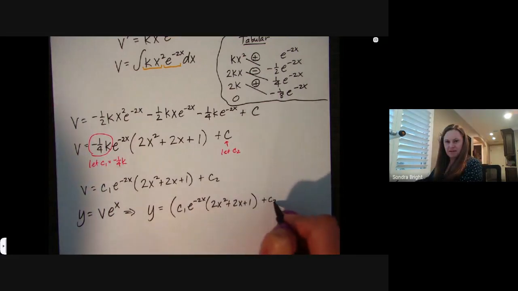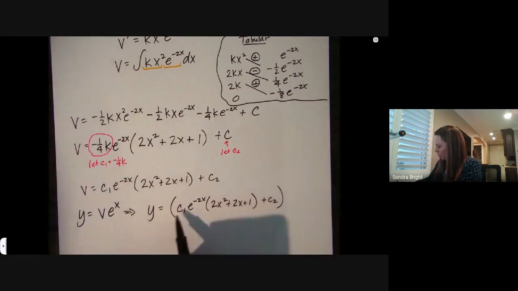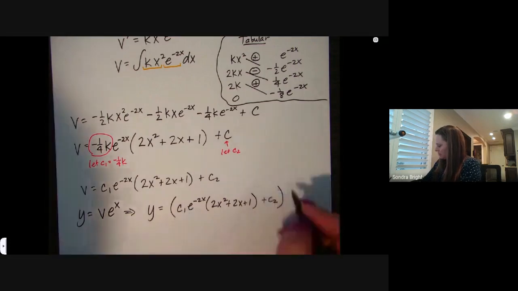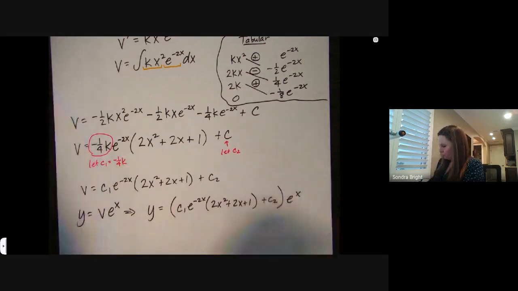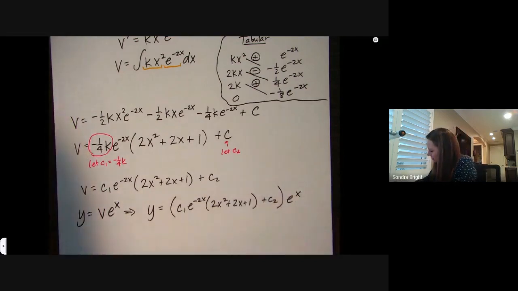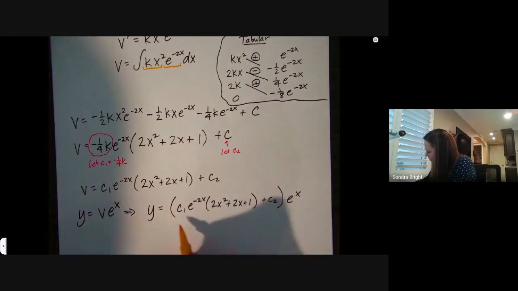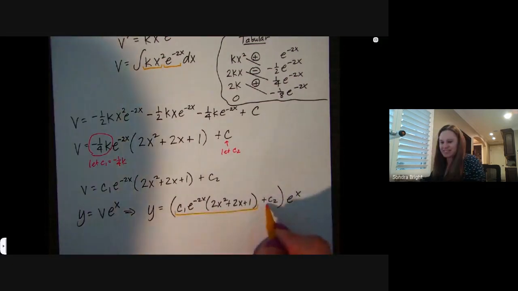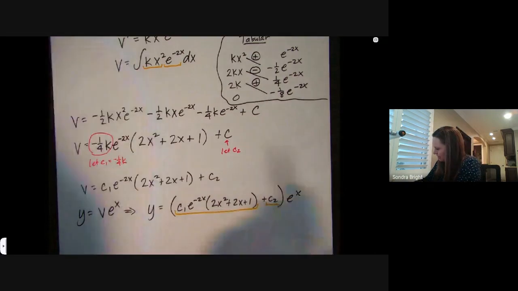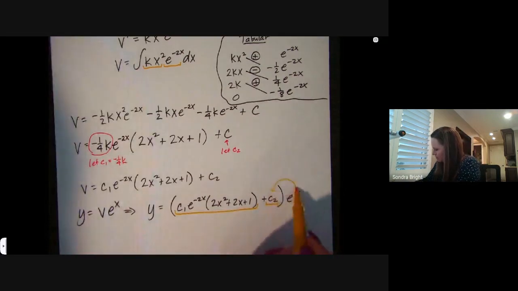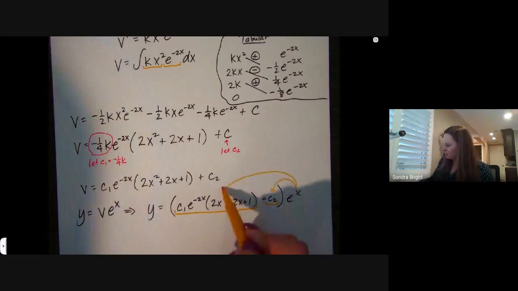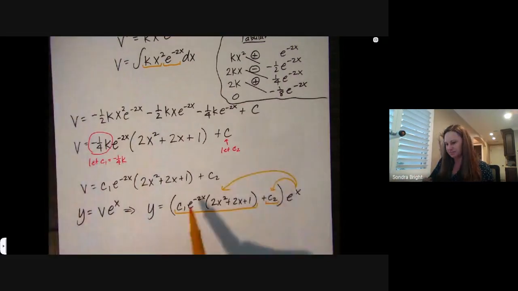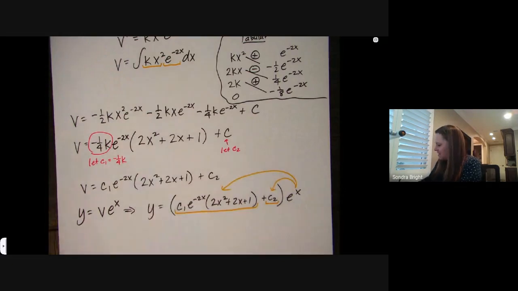And then we're going to multiply this whole thing times e to the x. Keep in mind that there's only two terms in this. This is your first term, and then plus C2 is the second term. So you're going to distribute the e to the x to the C2 and to that first term, where you just multiply it times e to the negative 2x. And so, final answer, and then we're done.